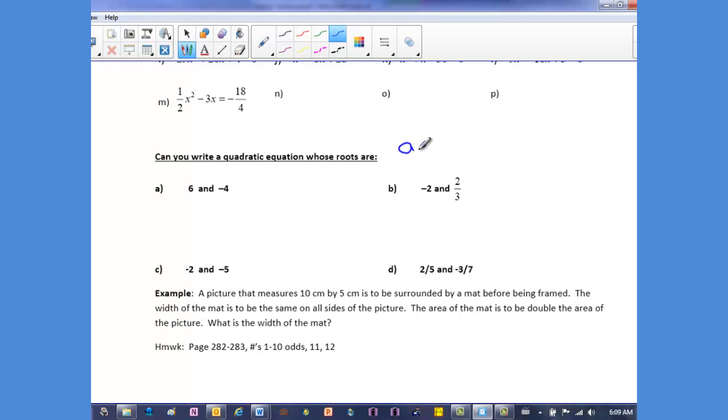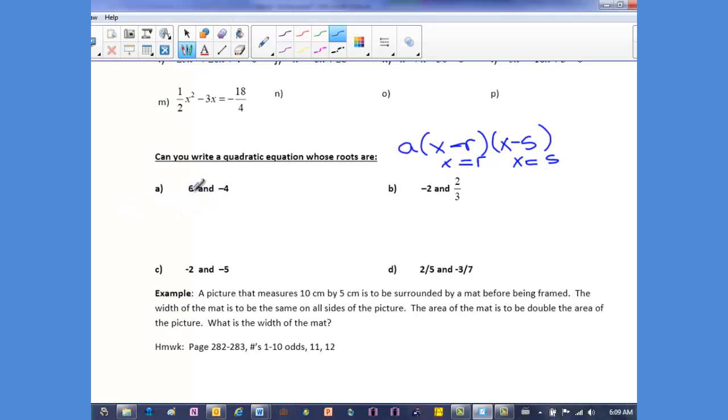They're coming from a, x minus r, x minus s. Okay? In order to find r and s, we had to set each bracket to 0 and find the x value that equated that. So in this case, x would equal r, and notice that the r here has the opposite sign of what's in the bracket, and x would equal s.